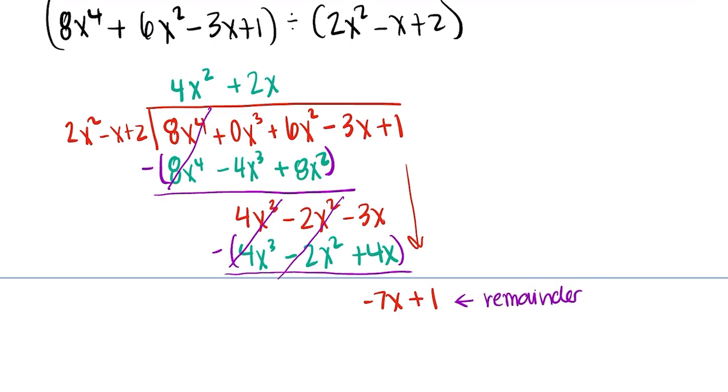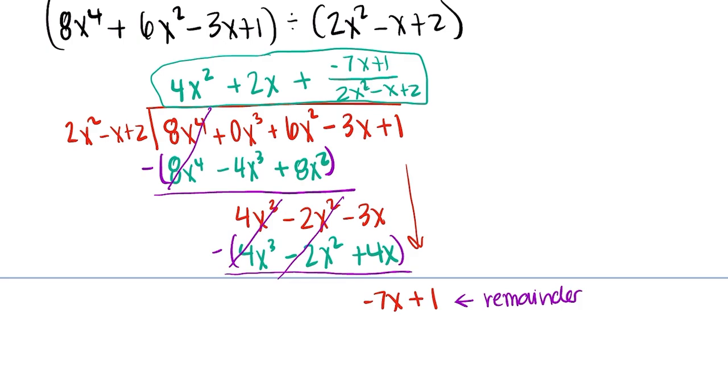So my answer would be 4x squared plus 2x plus, and then my negative 7x plus 1 divided by 2x squared minus x plus 2. So there's that with the traditional long division method.